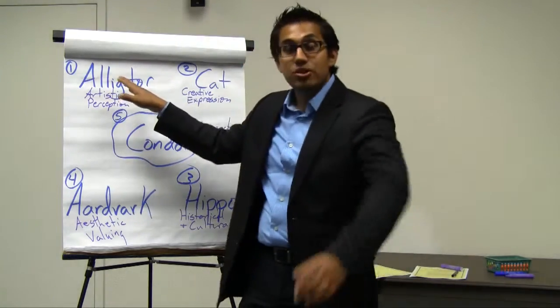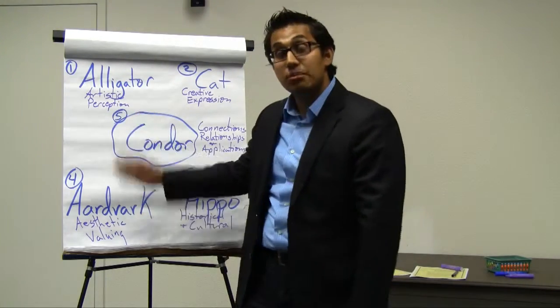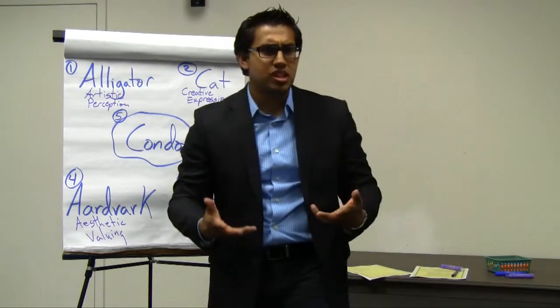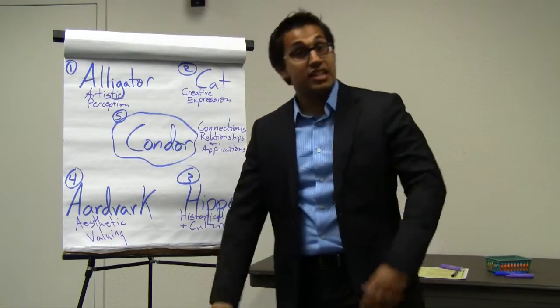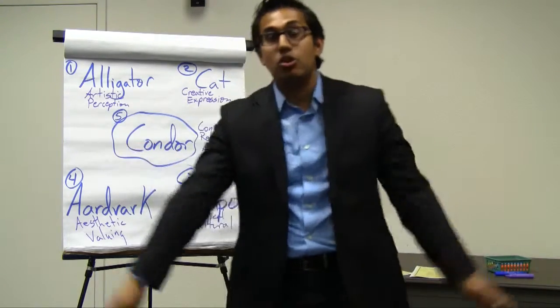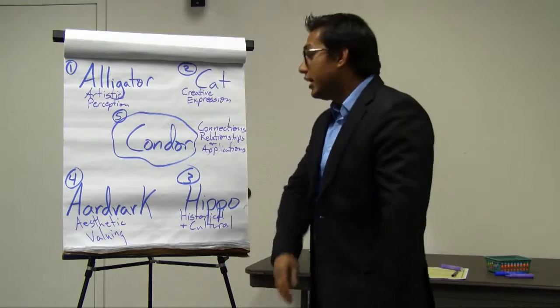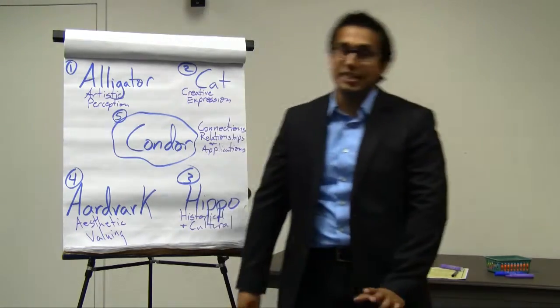Just a quick review. In corner number 1, what do we have? The alligator, that's right. The alligator stands for artistic perception. Artistic perception is the key vocabulary words. In corner number 2, we have the cat. Cat stands for creative expression. What are your students making or building or creating? In corner number 3, we have the hippo, which stands for historical and cultural context.